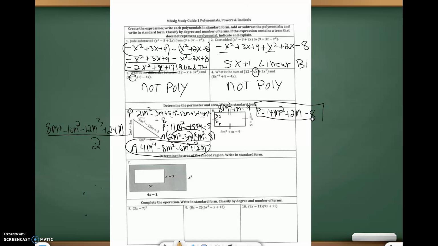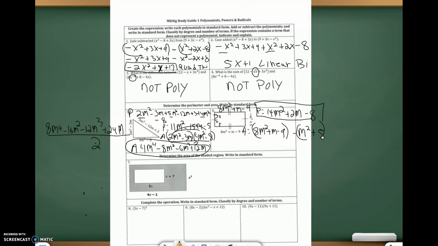Now, the area, I'm going to have to multiply this by this. So we're going to have to FOIL it, or not FOIL it because it's actually a trinomial and a binomial, so we're just going to have to multiply.